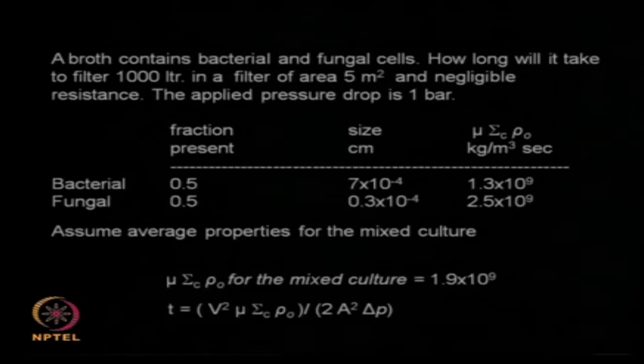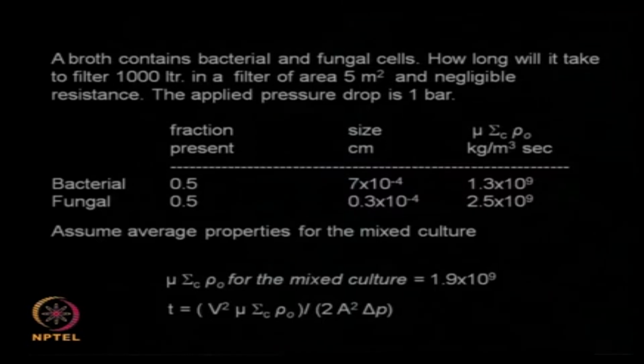Okay, let us look at another problem where you have mixtures of solids that needs to be separated. This is very common actually, after a fermentation broth we may have many different solids that needs to be separated. So each solid may have certain size, each solid may offer different resistance during the filtration operation.